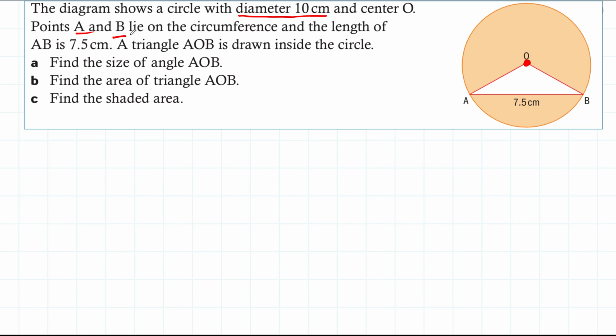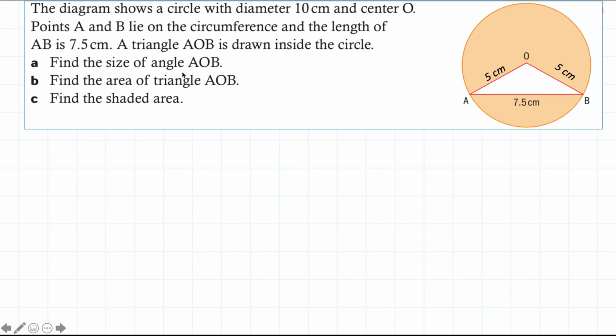Because A and B lie on the circumference, and O is in the center, we're picking a point from the center to the circumference, and this by definition is the radius. So this is the radius and that's the radius, so be comfortable with these constructions. What is the value of the radius? If the diameter is 10, the radius is half of it, so the radius is 5. So we have a radius of 5 here, and I have all three lengths.